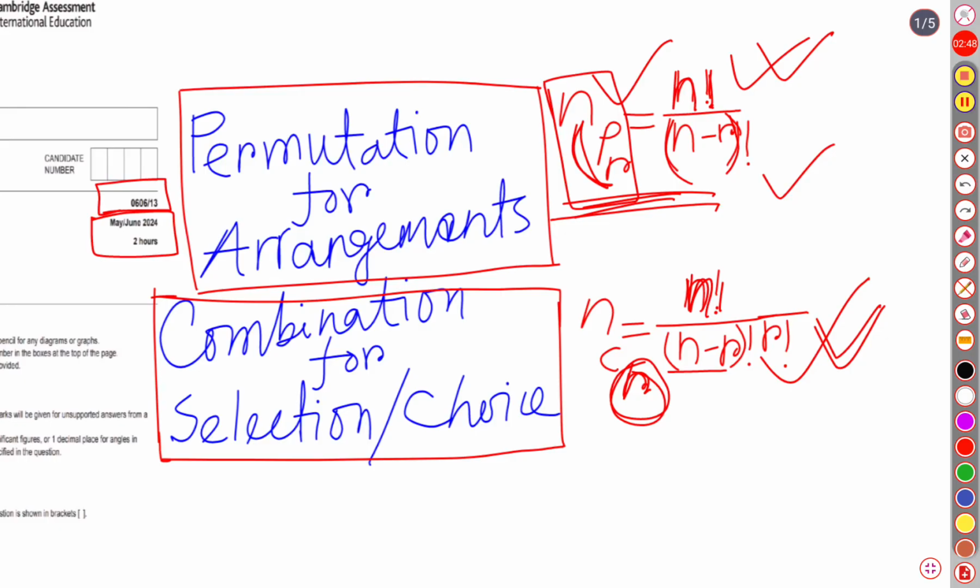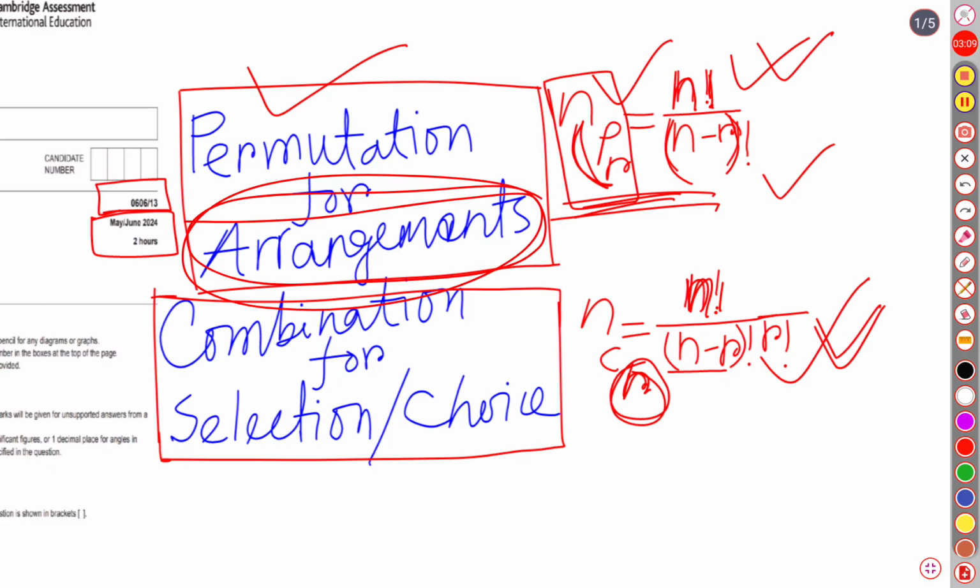First of all, we will have to identify whether the given problem is on permutation or combination. There are two clue words which can make sure of this. In all permutation problems, you will find arrangements. If arrangement matters, if we are supposed to do arrangements, then permutation.